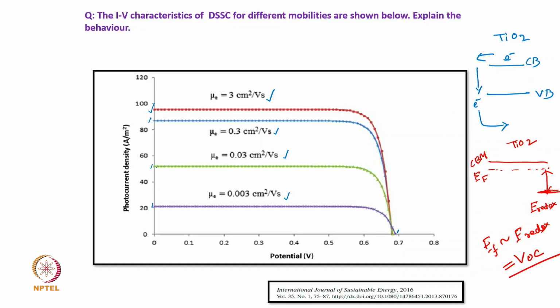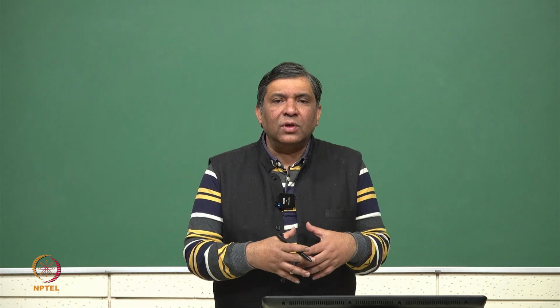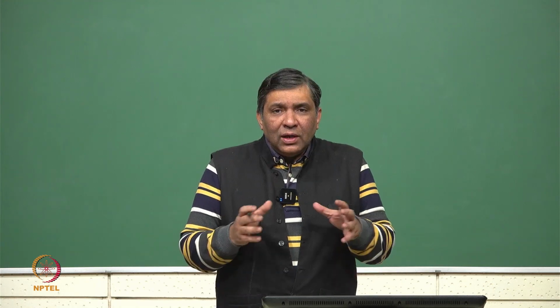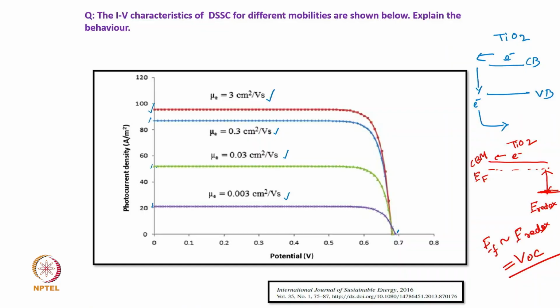So, what happens if the electron moves very fast in the conduction band? It is moving very fast when the mobility is higher. Okay. So, that means the conduction band is getting depleted of electrons. In other words, when electrons stay there because of lower mobility, as in the last case, the Fermi level goes a little higher, because the conduction band is populated.